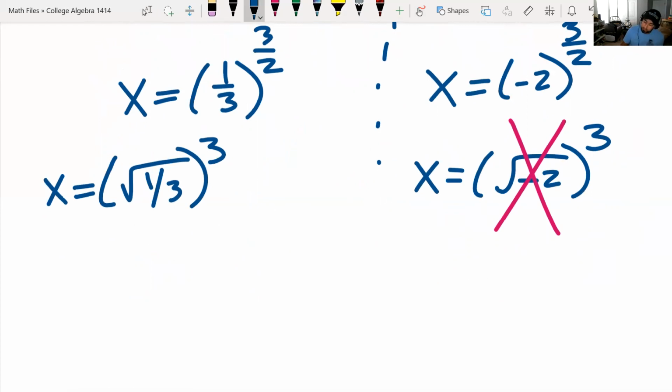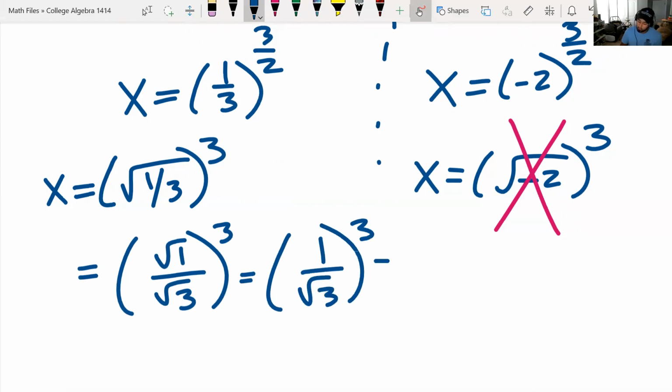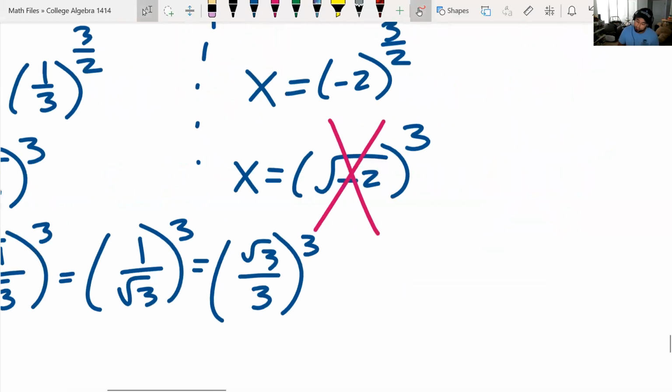All right. So we're going to focus on this one more. This can become the square root of 1 over the square root of 3 cubed, which would then, by rationalizing, give me square root 3 over 3 cubed, and once more into the madness, square root of 3 cubed.